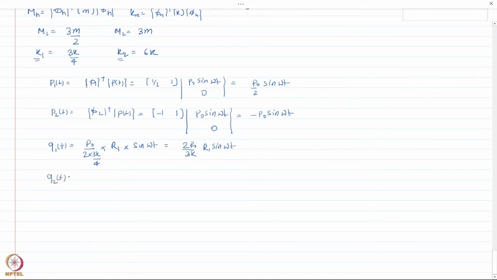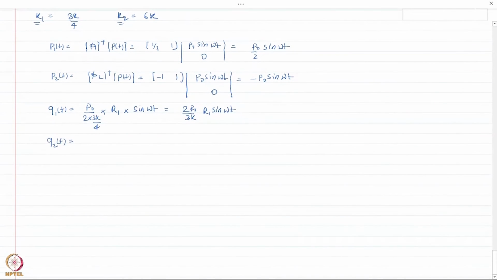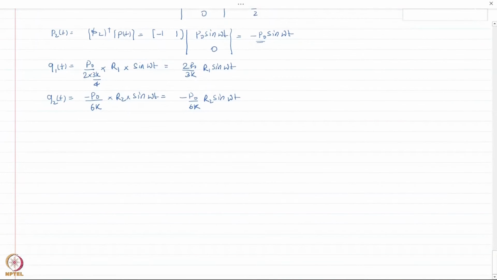Similarly, I can obtain Q2(t) as minus P naught, which is the amplitude of the force, divided by K2, and K2 is 6K here, times R2 times sine omega t. So I get minus P naught by 6K R2 sine omega t. All right, once we get Q1 and Q2, the next step is to find the combined response.